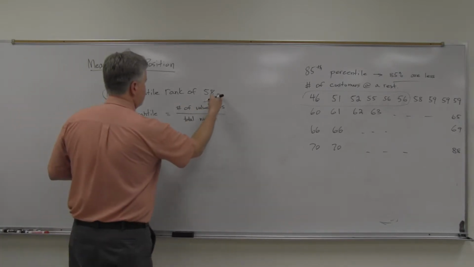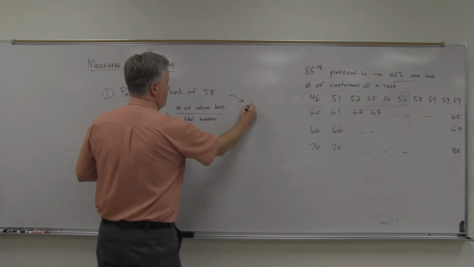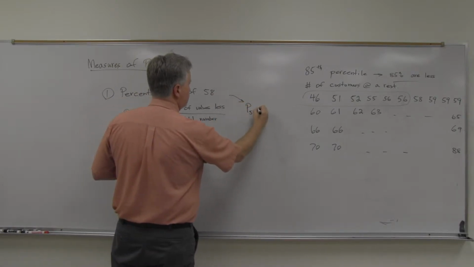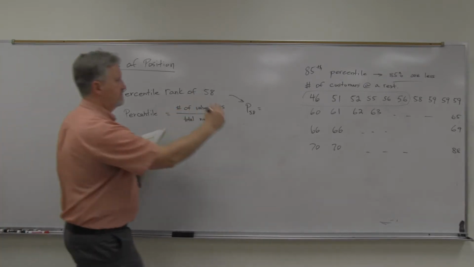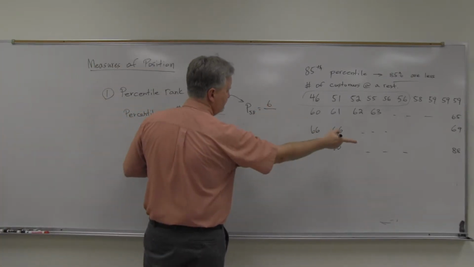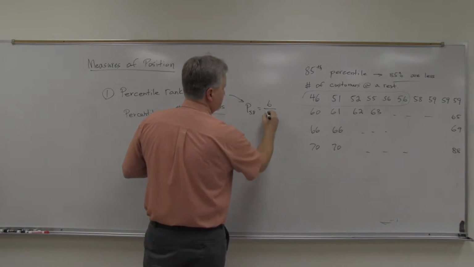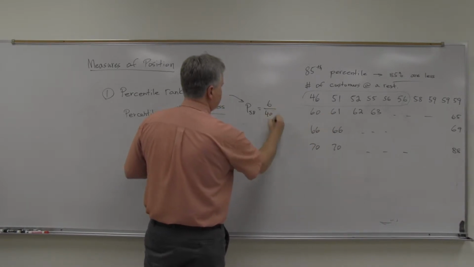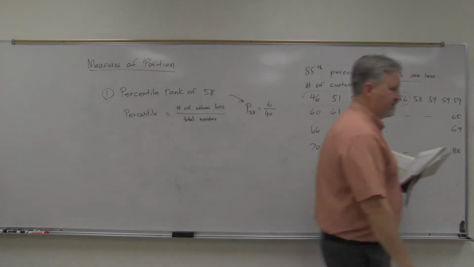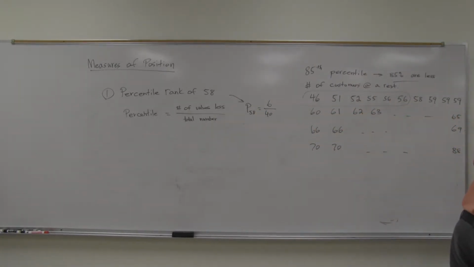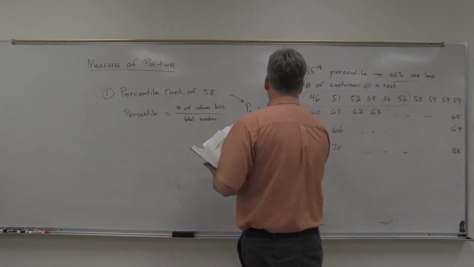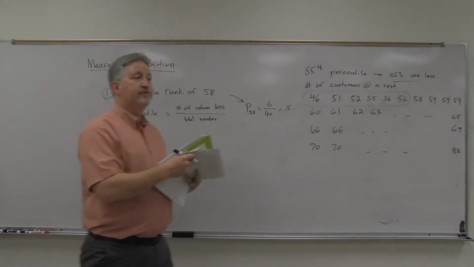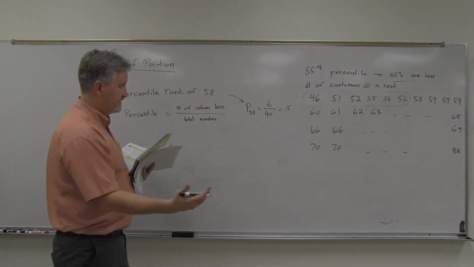So in this case, the percentile rank of 58, we'll denote it P, I've got 6 values less, divided by 40 values, four rows of 10. What do you get? 6 divided by 40 is 0.15. We're talking about percent, so that's 15%.